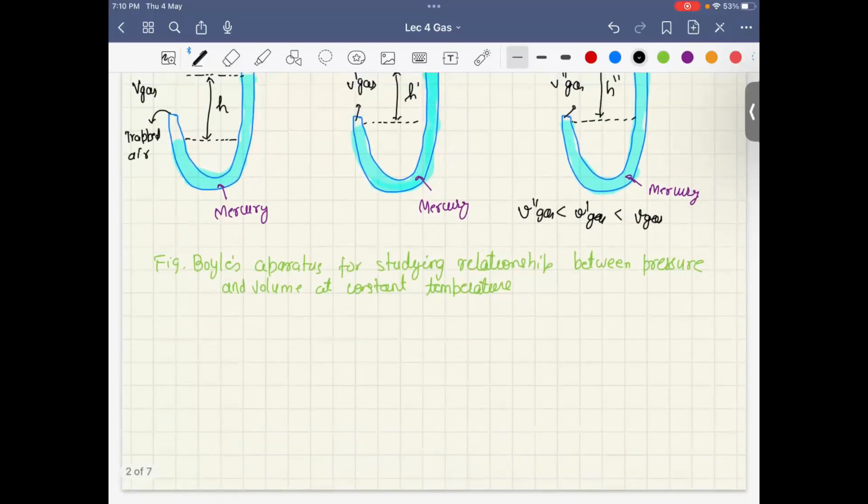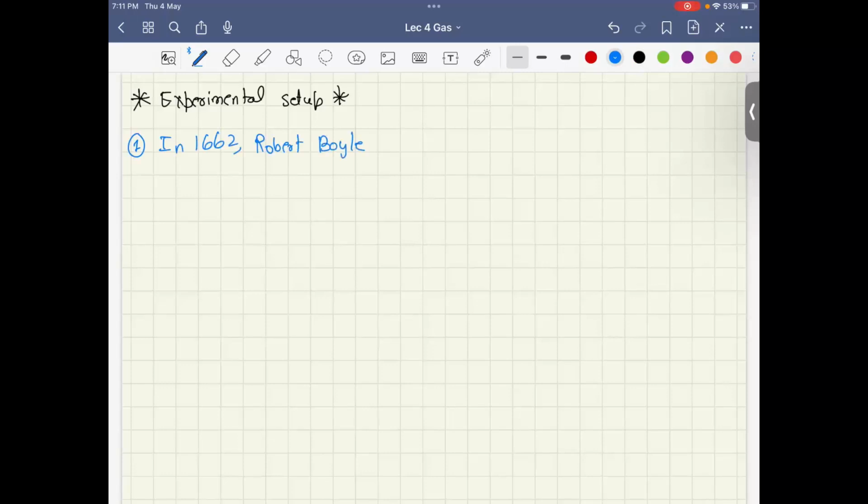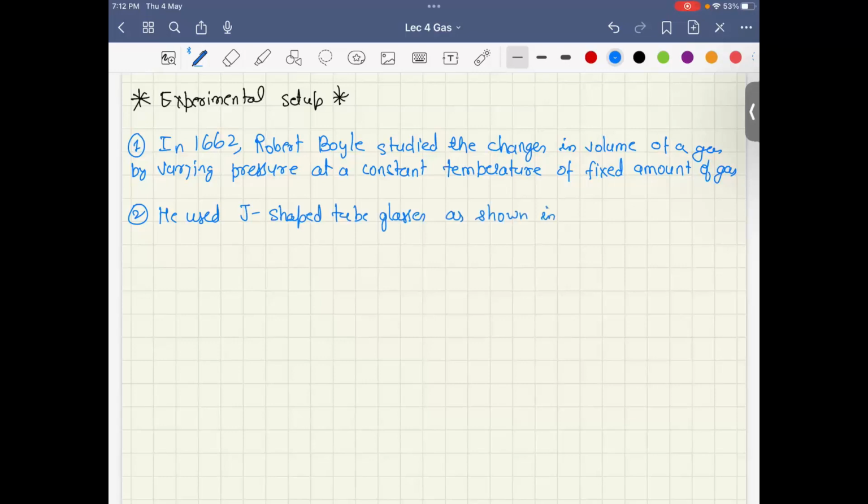Right? So let us write the experimental setup. In 1662, Robert Boyle studied the changes in volume of gas by varying pressure at a constant temperature of a fixed amount of gas. He used a J-shaped glass tube as shown in the figure.